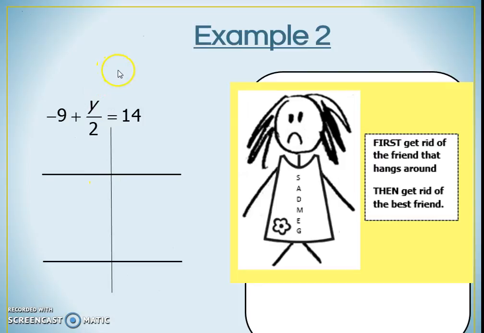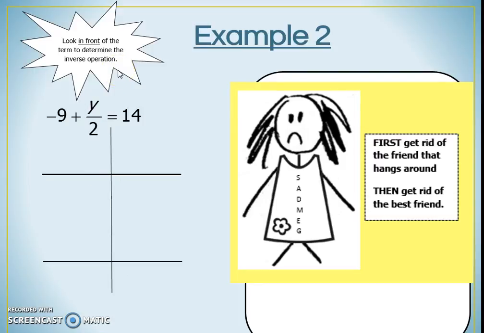Example number 2, just like we mentioned in the first example, you need to look in front of the term to determine the inverse operation. Well, if we look here, your first instinct may be to subtract negative 9. But think about it. If we subtracted negative 9, we would get negative 18 over here. We wouldn't have canceled out our negative 9.